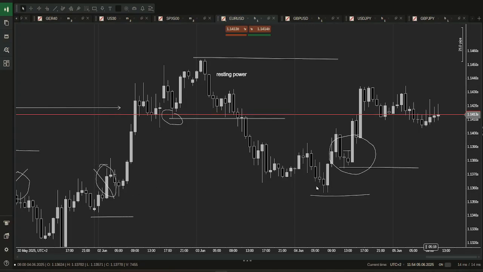This is on H1. I was long the euro because of this symbol here, the doji spinning top kind of thing. This line was where my buy stop was, and I was targeting this. But later we hit the resting power, as you see here. We hit it here, right?